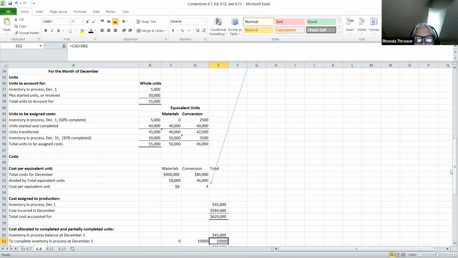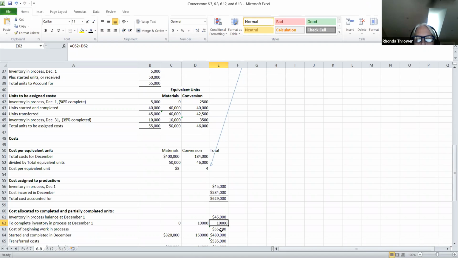My total beginning inventory cost then would be 55,000. I'm going to get that by adding 45,000 that was given plus the 10,000 that we just determined to complete the beginning inventory. The total cost of the beginning work in process is 55,000.